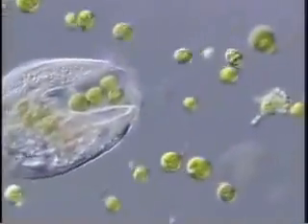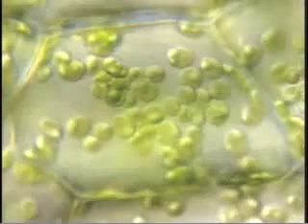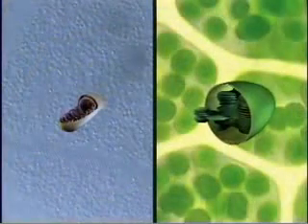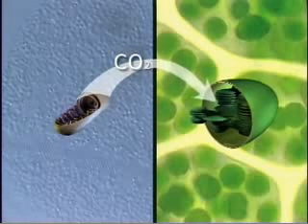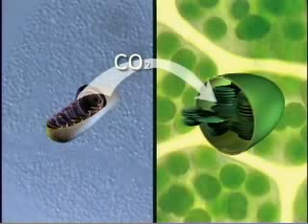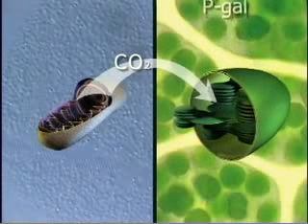So, the cell's 2 energy-transforming organelles, mitochondria and chloroplasts, feed on the waste products of each other. CO2, given off by mitochondria, is exactly what chloroplasts need to make PGAL, the building block of sugars and other carbohydrates.